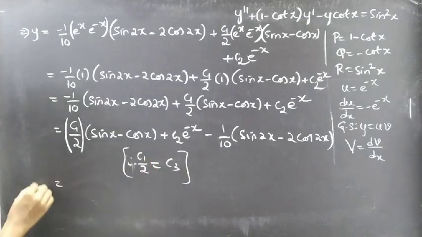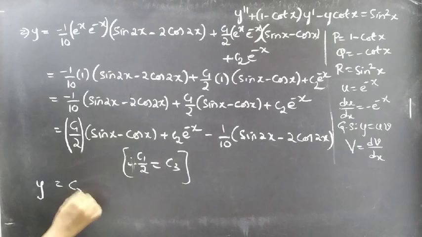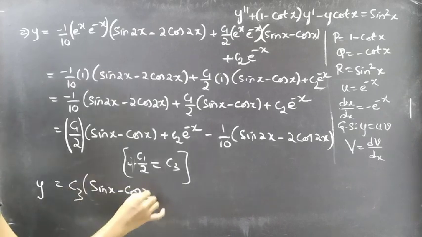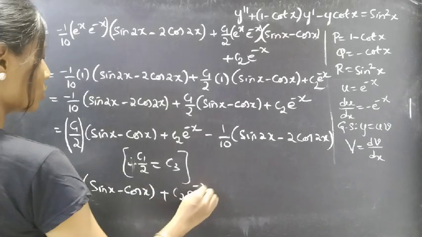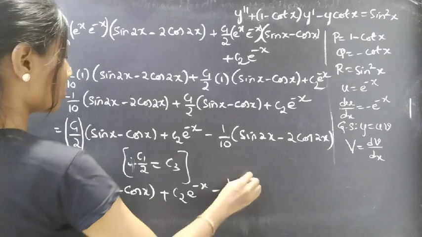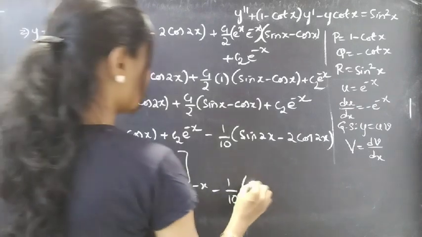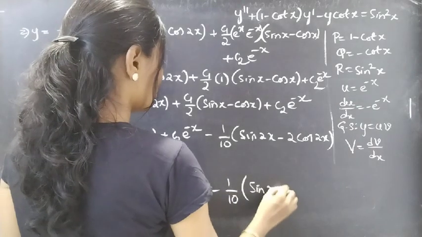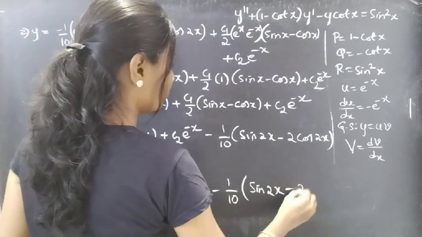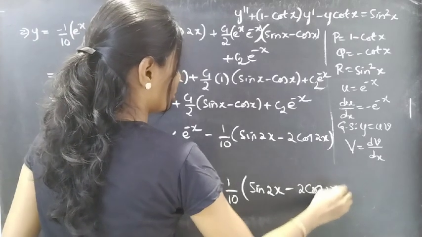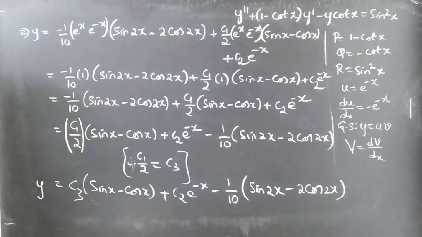Then y equals c3 of sin x minus cos x plus c2 e power minus x, minus 1 by 10 times sin 2x minus 2 cos 2x.